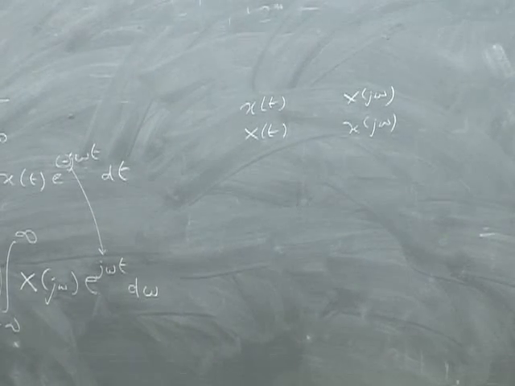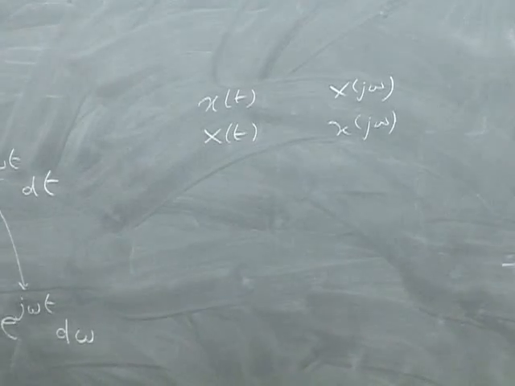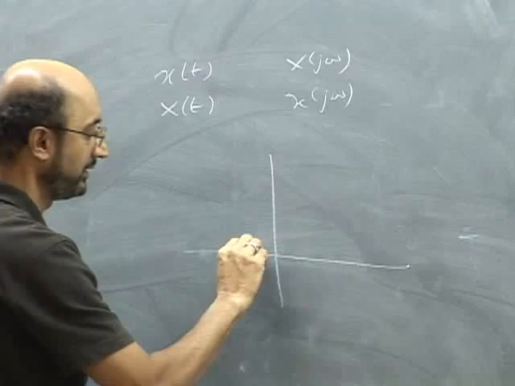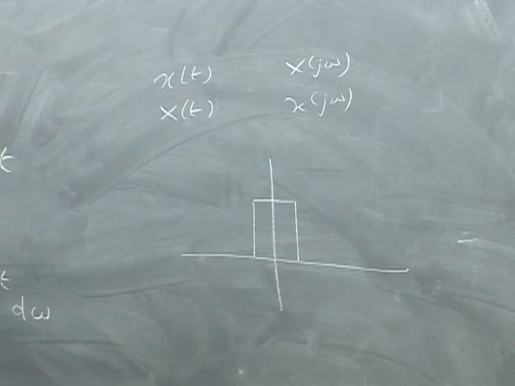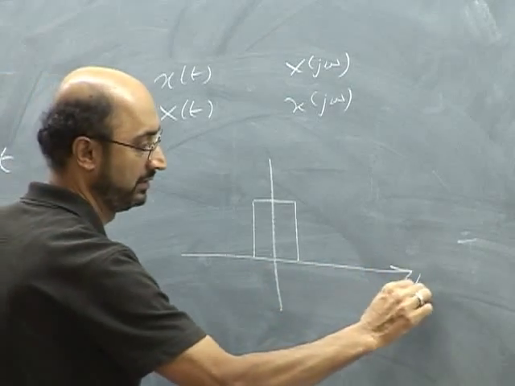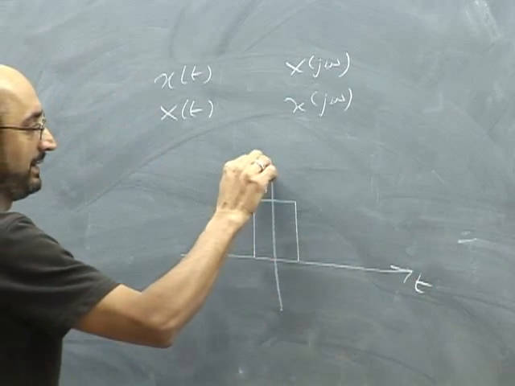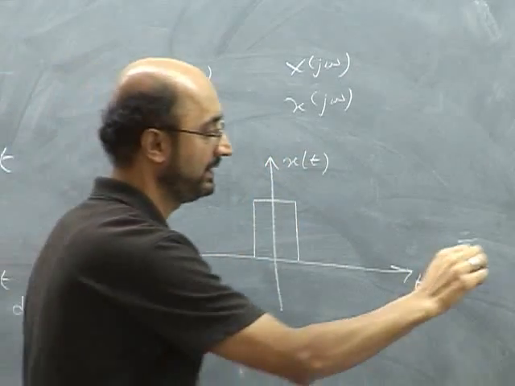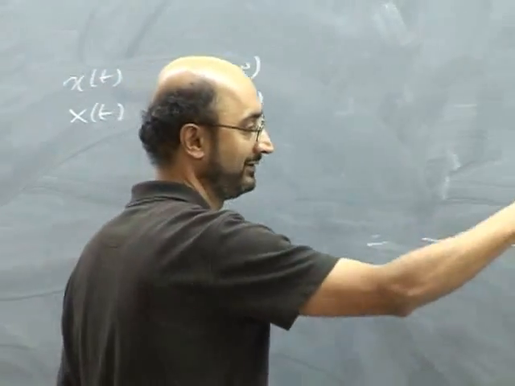The other way of looking at it, which has a bit more intuition, I think, and it's interesting, is that we've already seen that if you have a single rectangular pulse in the time domain, so this is time over here, and this is the amplitude, so this is the value of x(t), then in the frequency domain, this looks like this.